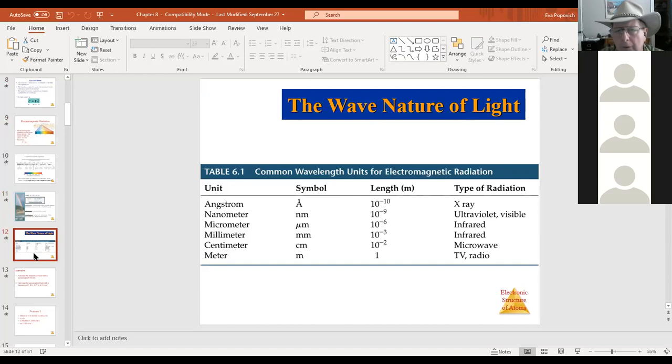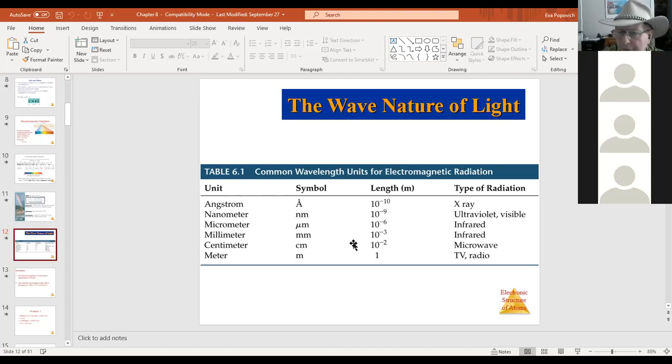Now, if we have a different type of radiation, we associate a different label for our wavelength. If we're dealing with ultraviolet, we like to talk about nanometers, where 10 to the minus 9 meters is equal to 1 nanometer.